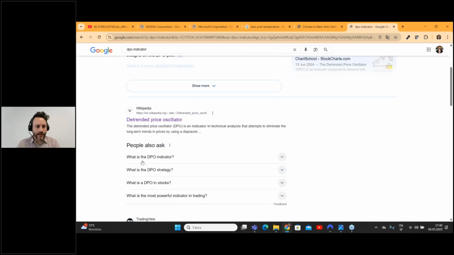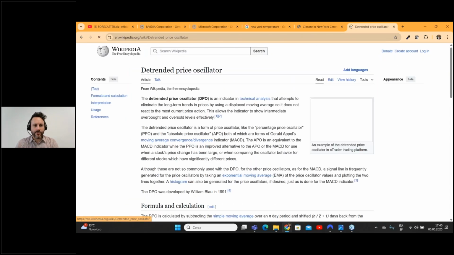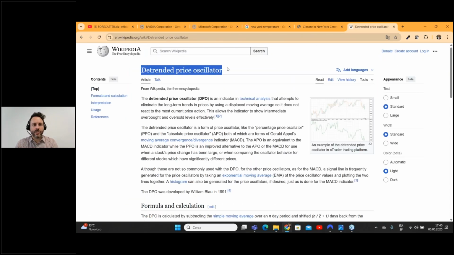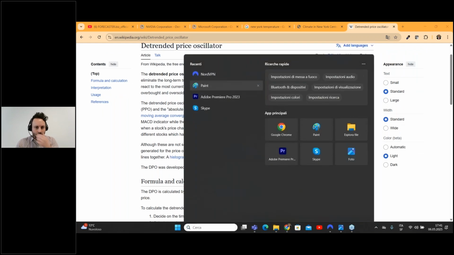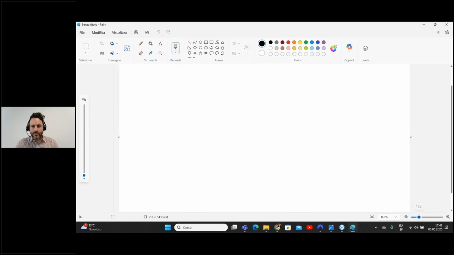You can also find the Wikipedia page for this, the detrended price oscillator, DPO. This is a very simple indicator because it takes away the trend from a chart. Very simple. I can do a very simple example here for you.